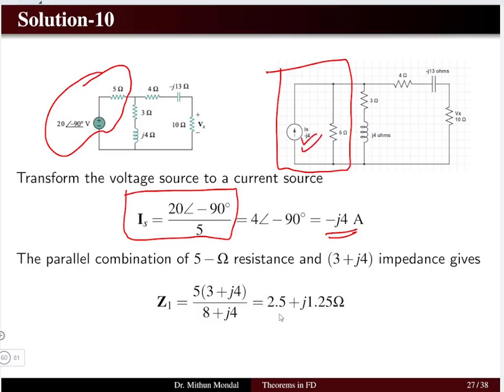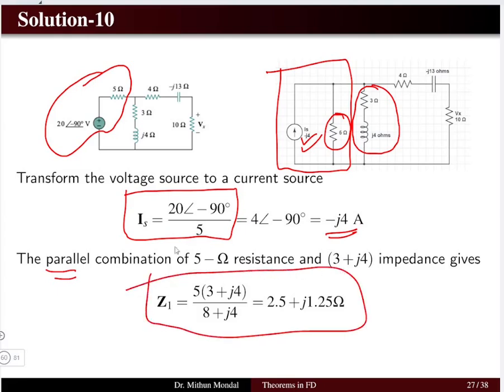Now we can say that the 5 ohm resistor and the combination of 3 plus J4 in the network, these two impedances are in parallel. So I can obtain the equivalent impedance Z1 for this parallel combination of the two impedances.